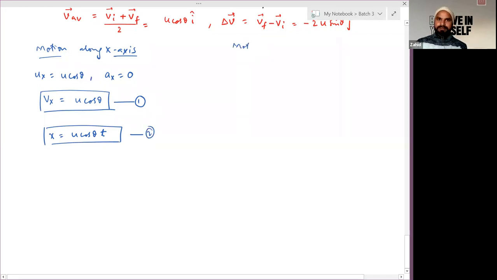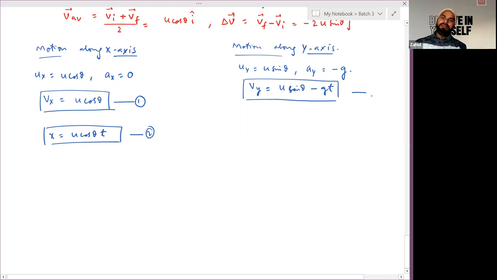Similarly, we may find for motion along y-axis, initial velocity along y-axis is u times sine theta, component of initial projection. Acceleration along y-axis, from point of projection, take it as origin, so it will be minus g. So using these two terms, we may find final velocity at any instant would be u times sine theta minus g into t, using equation first.